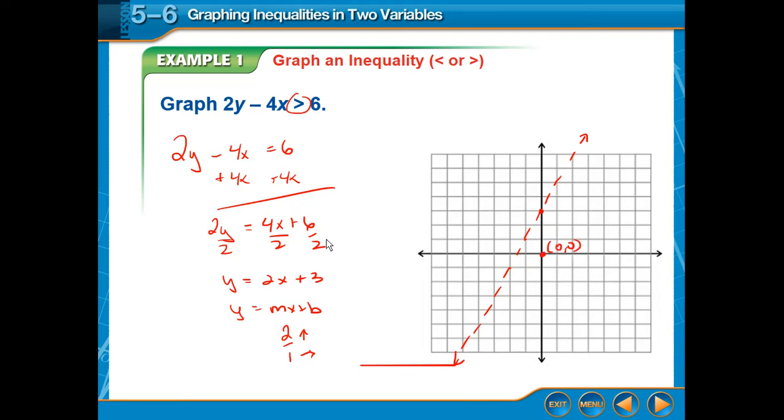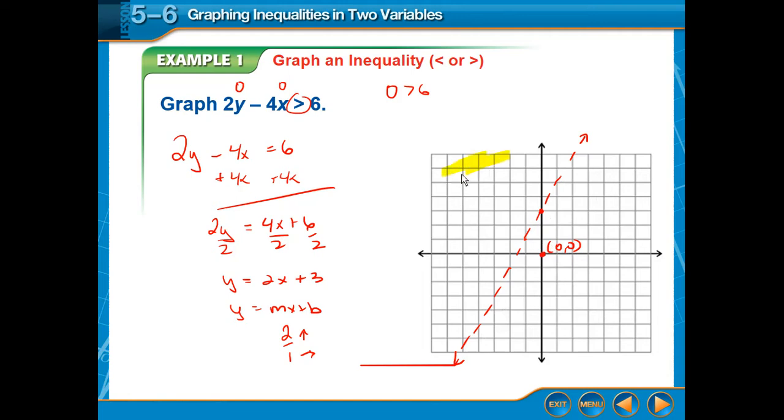So if I take the point 0, 0, and I put in 0 for x and 0 for y, I get 0 minus 0 is greater than 6. 0 is not greater than 6, which means any of the points over here are not going to work, so this side of the half plane is not my solution, which means the other side is my solution.